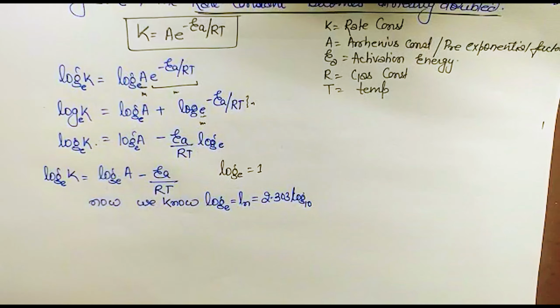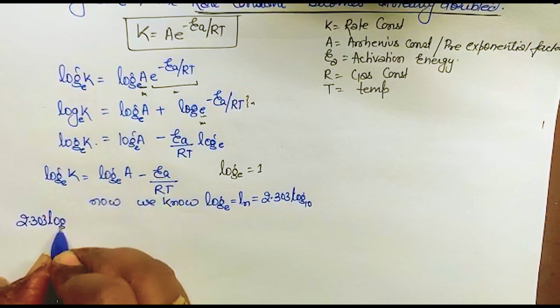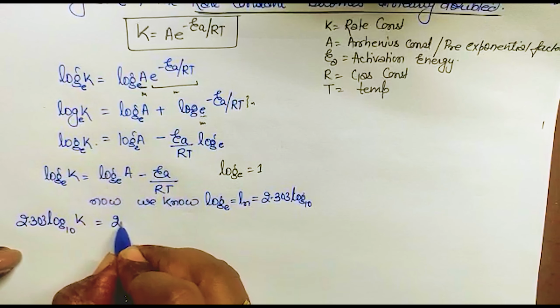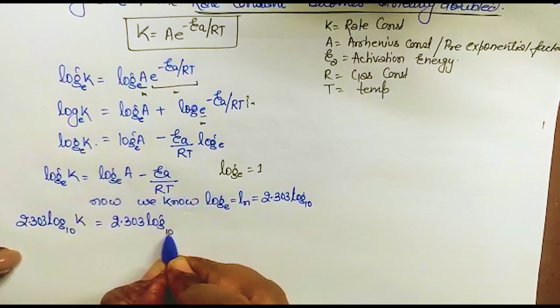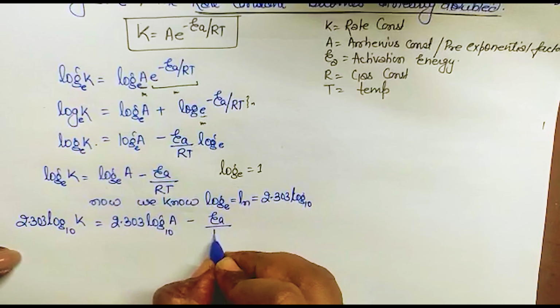So can I replace it? So here it is, 2.303 log to the base 10 K is equal to 2.303 log to the base 10 A minus EA upon RT.